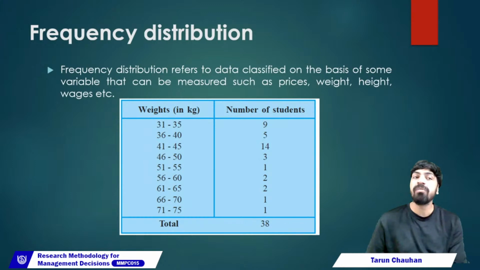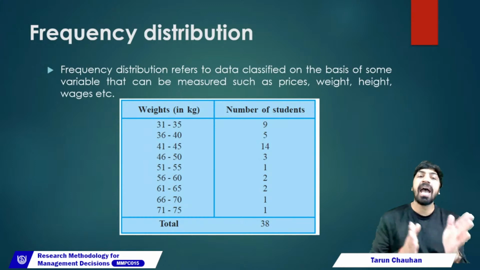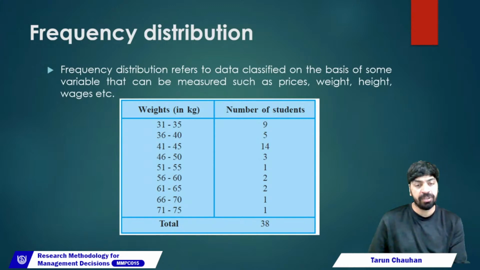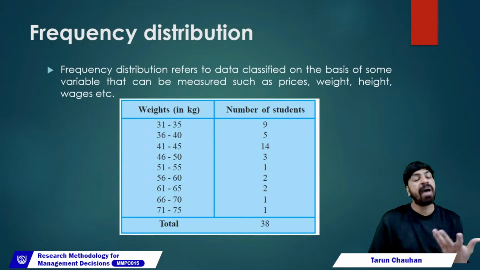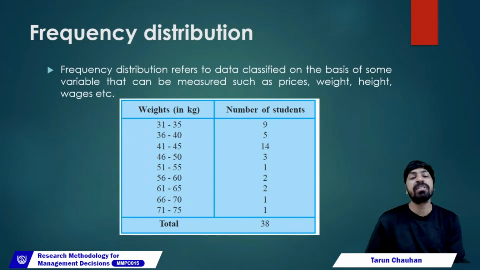If we talk about the discrete series, we talk about the values and the number of students, for example subjects like history, chemistry, biology, and the number of students is 10, 15, and 14. That means 14 students come under the biology group.